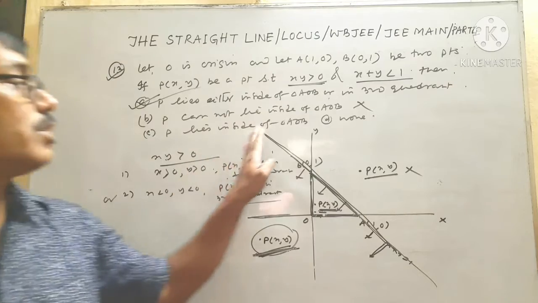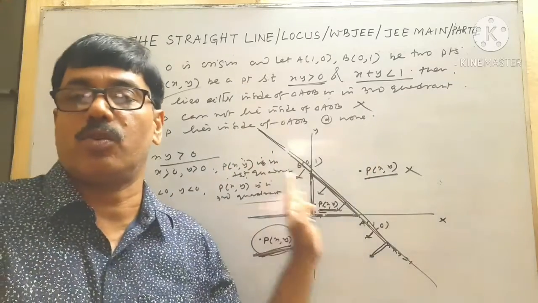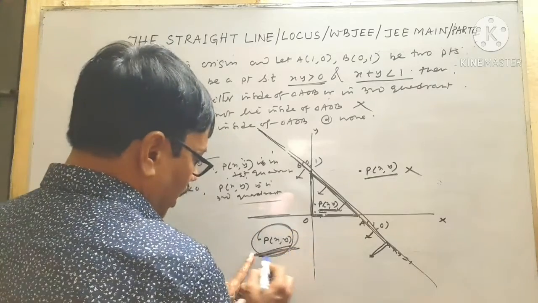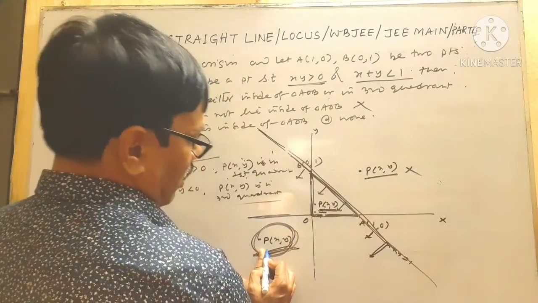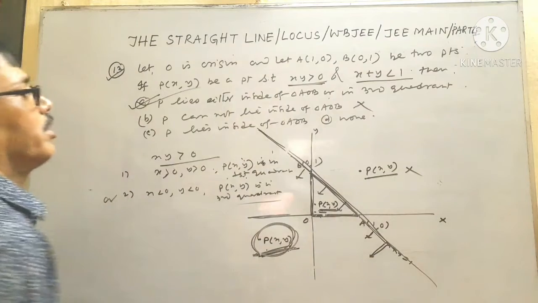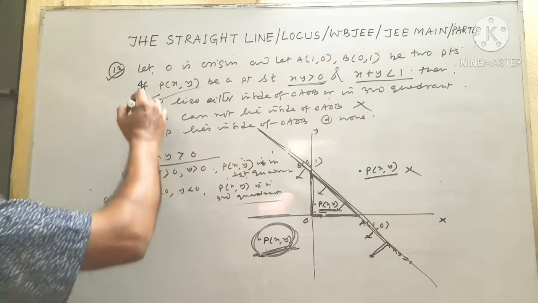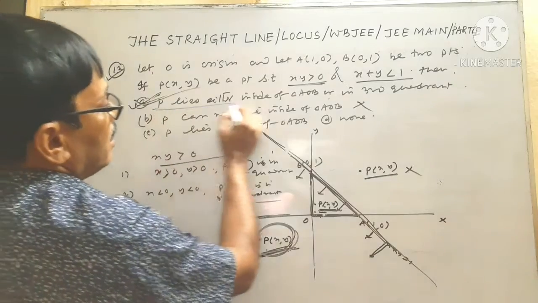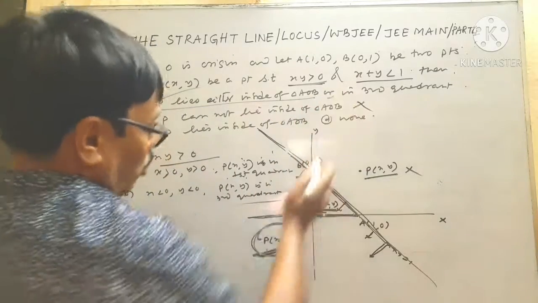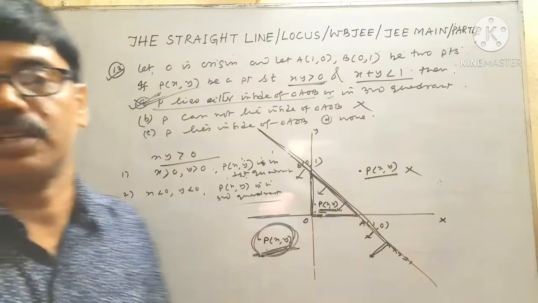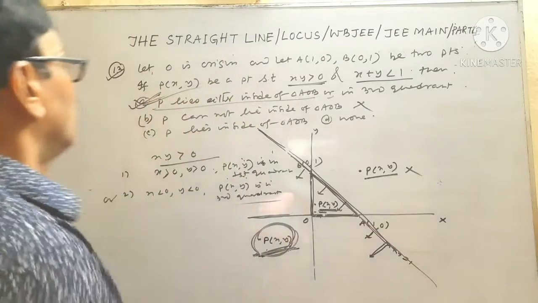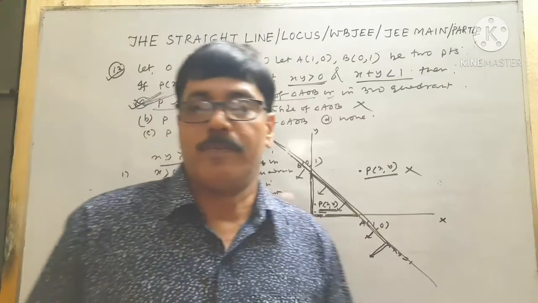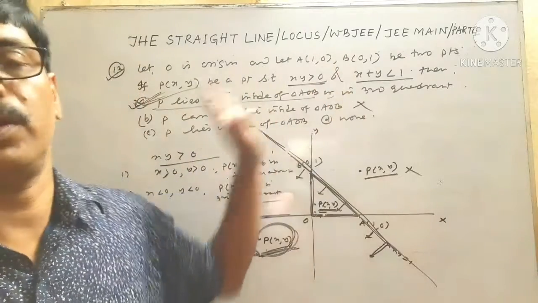P always lies inside AOB is not true, because if P lies in the third quadrant this condition is not satisfied. So only option A is always correct: P lies either inside or in the third quadrant. This is also a logical problem and an important problem.